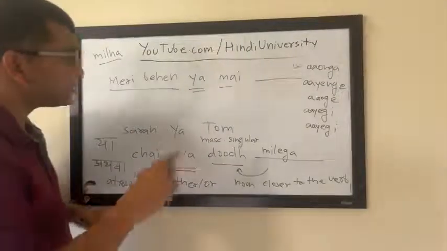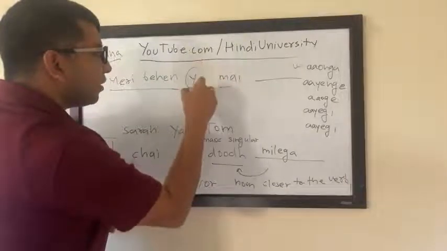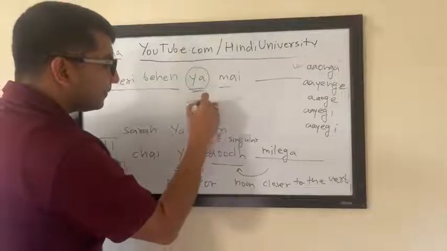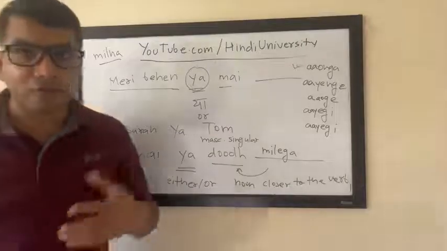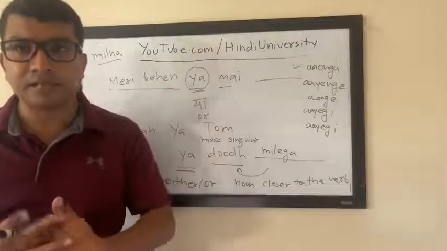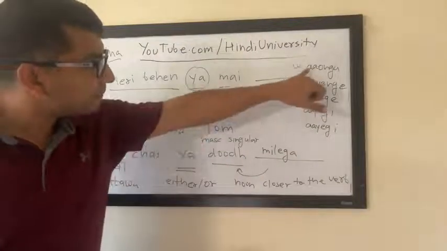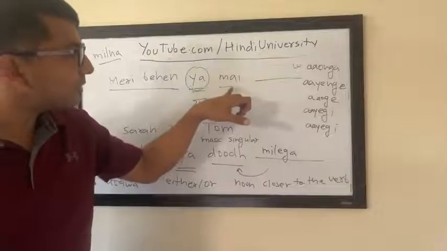Why so? Because two nouns are separated by या. Think about it. This is not "and". This is not like multiple subjects coming together. It's either or. So in this case, the verb really goes by the noun closer to the verb.